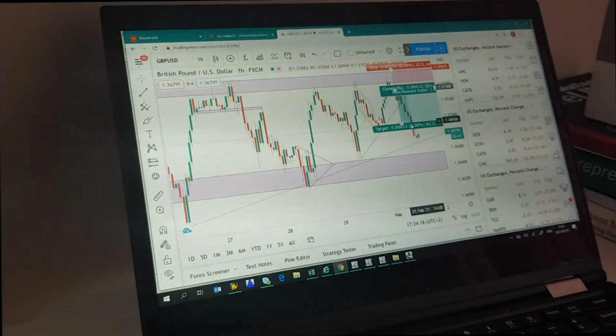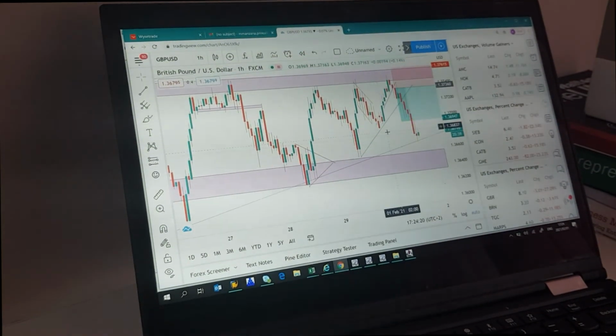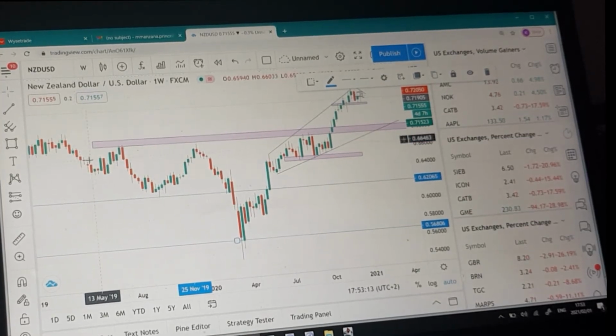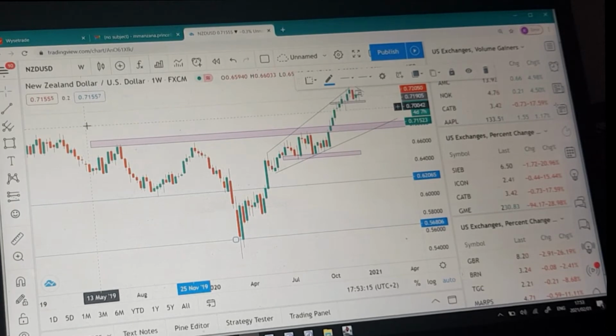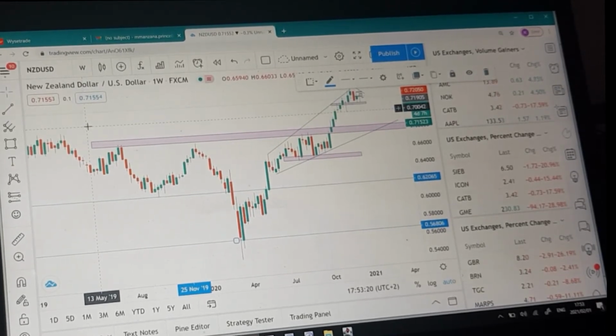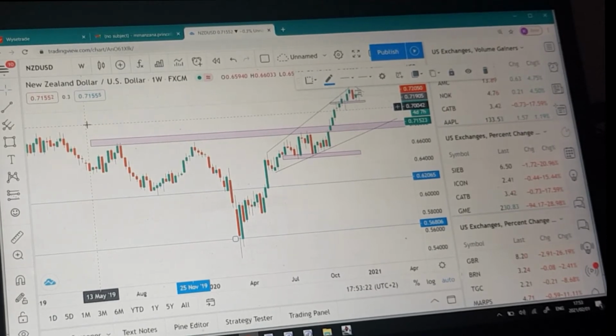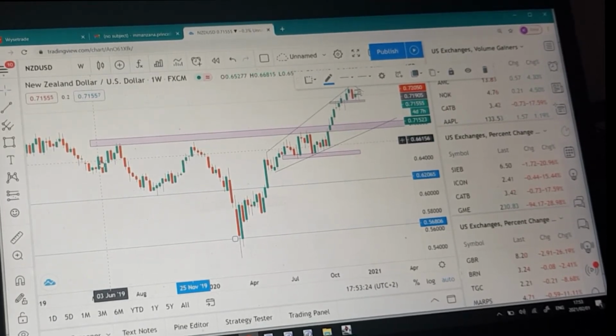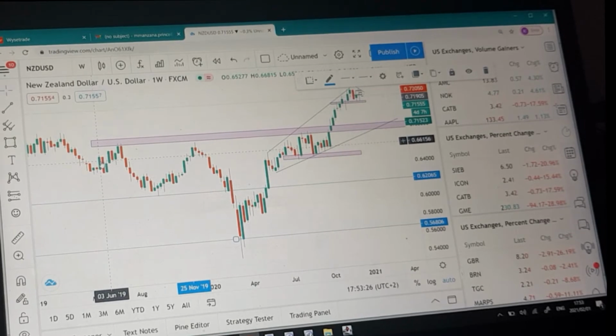And then I will go to the second pair, guys. The second pair that I've analyzed today is the New Zealand dollar versus the US dollar. I've used the same principle, which is to start from the 1 hour time frame just to identify my dynamic resistance and support.